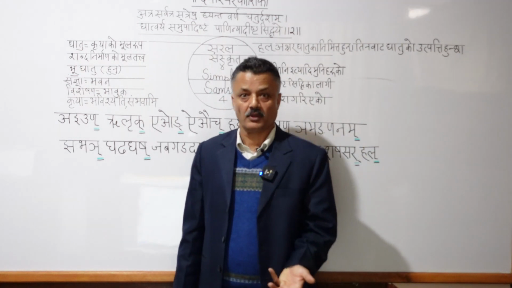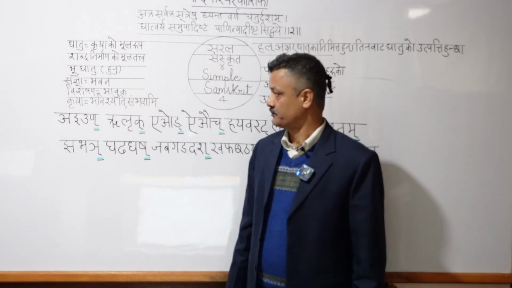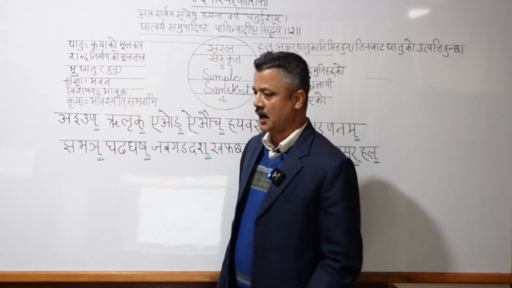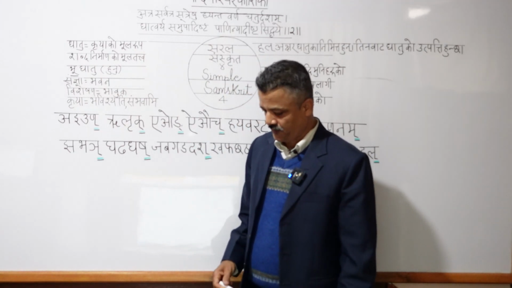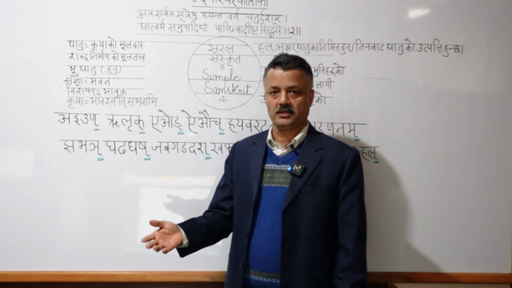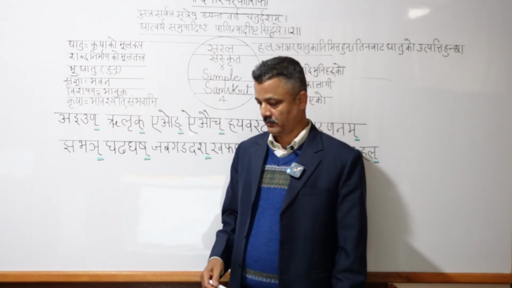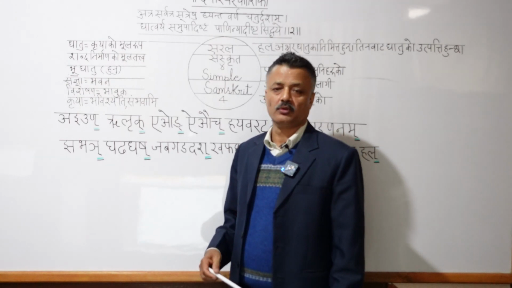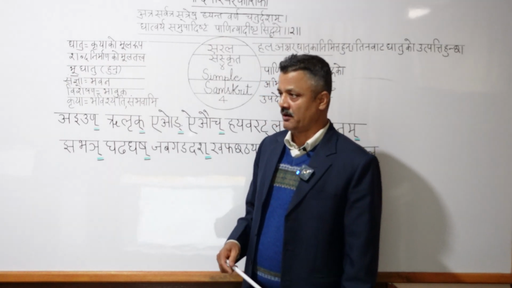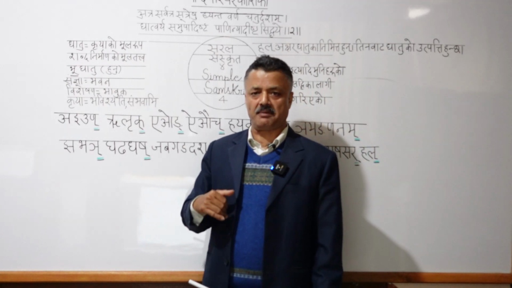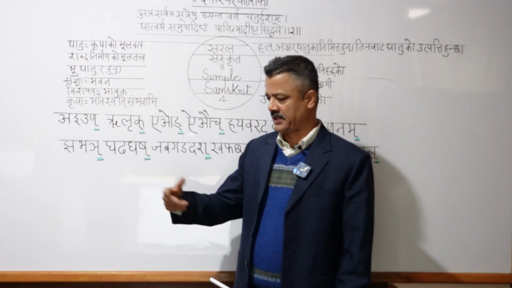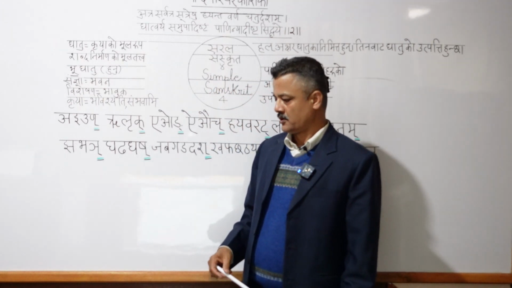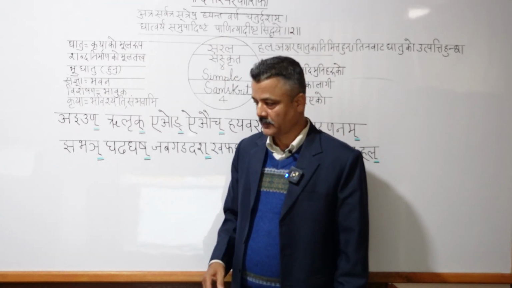Sambhavami, I will take place. Like from gam dhatu, you can form a verb like gacchati, he goes. Aham gacchami, I go. From pat dhatu, you can form sentences like aham pathami, I read. Sa pathati, he reads. Tvam pathasi, you read, etc.